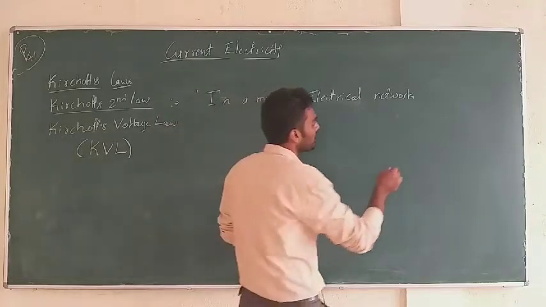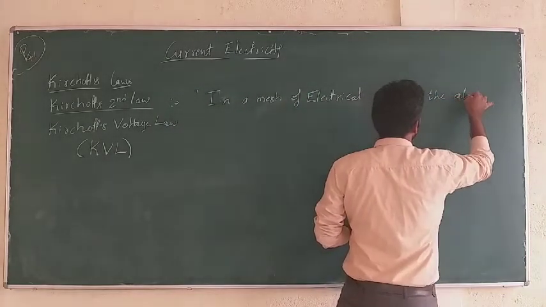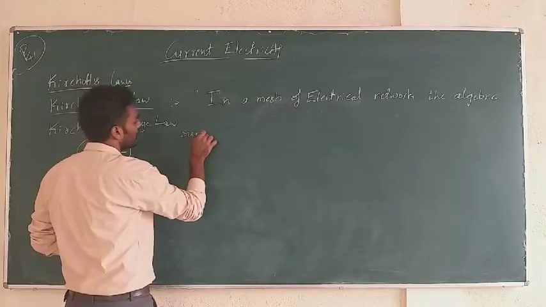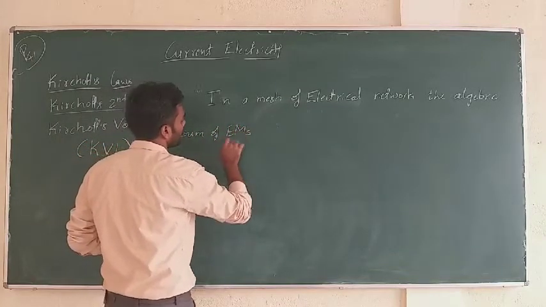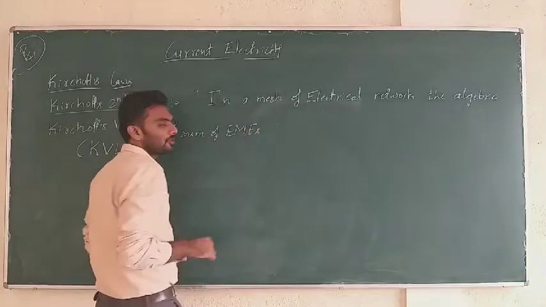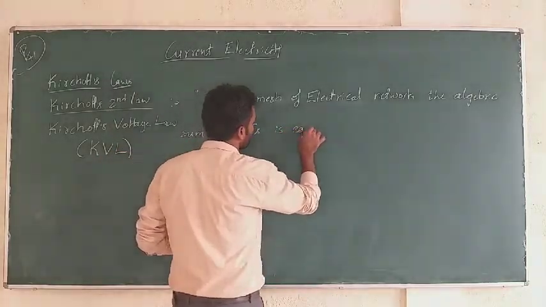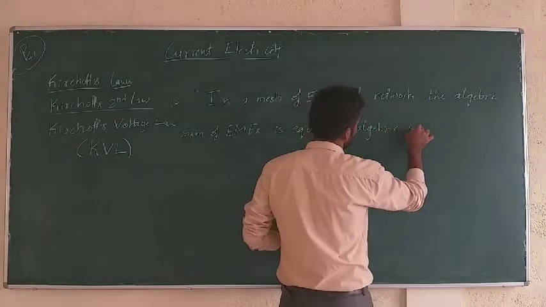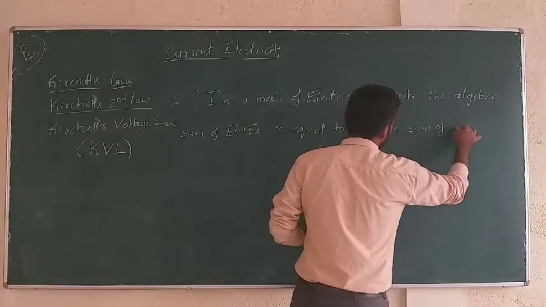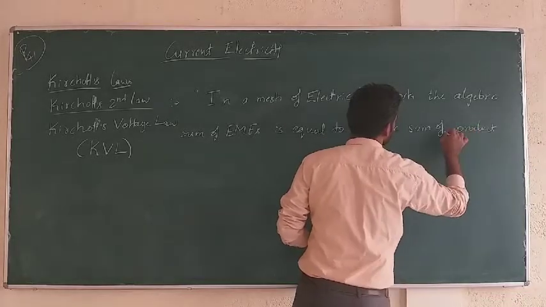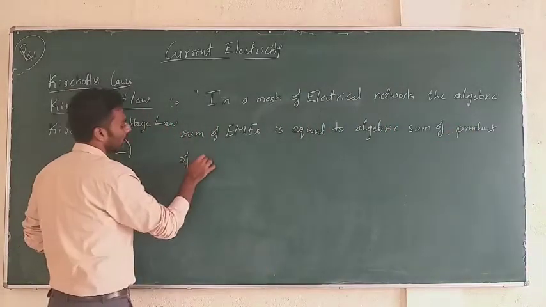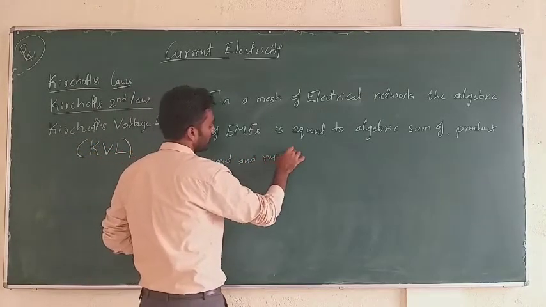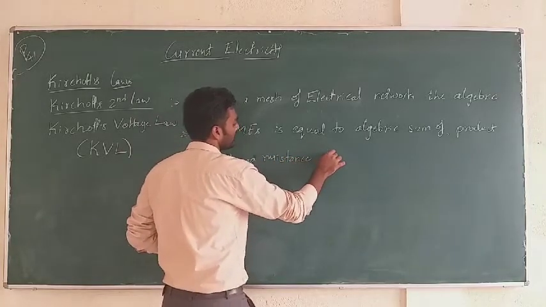In a mesh of electrical network, the algebraic sum of EMFs is equal to algebraic sum of product of current and resistors, current and resistance.